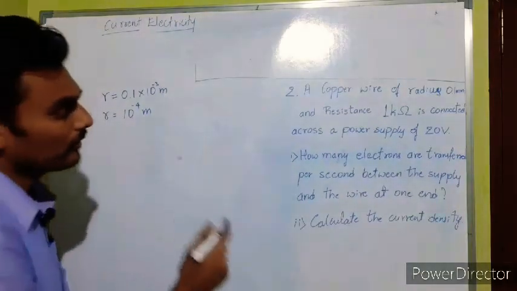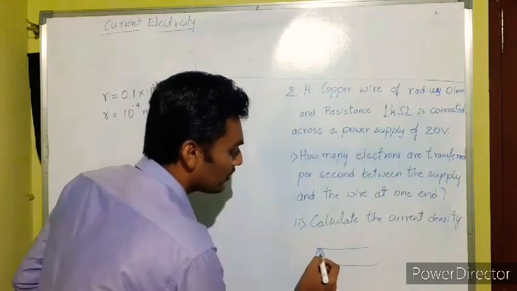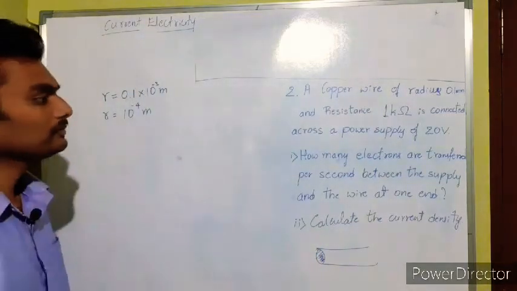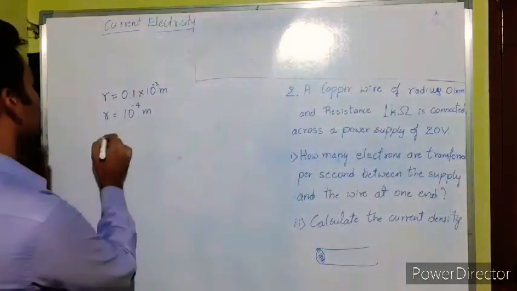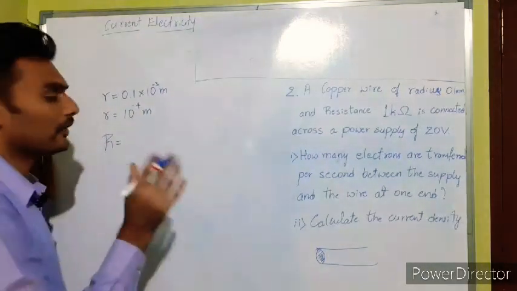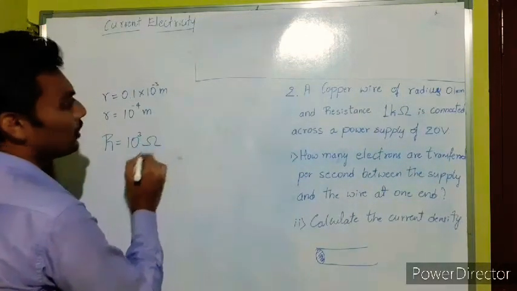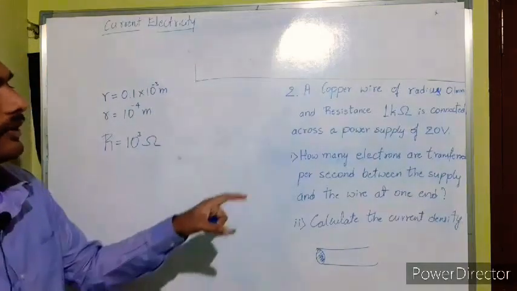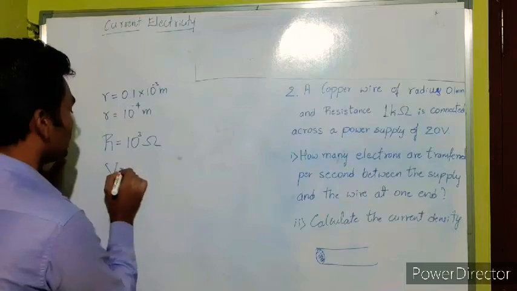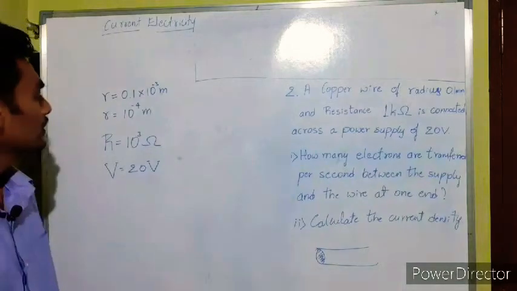Since it's the radius given, obviously the copper wire will be having circular cross section. Okay, and the resistance of the wire is also given. Resistance of the wire is 1 kilo ohm, which is considerably large resistance, 10 to the power of 3 ohm. Okay, across the power supply of 20 volt. So the power supply given here is 20 volt voltage supplied to the wire.